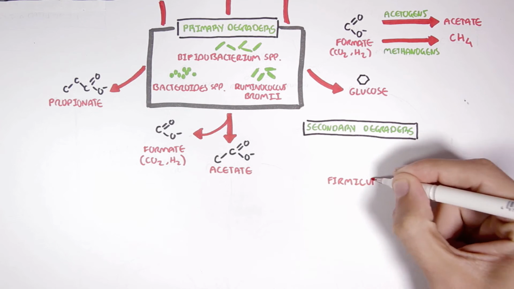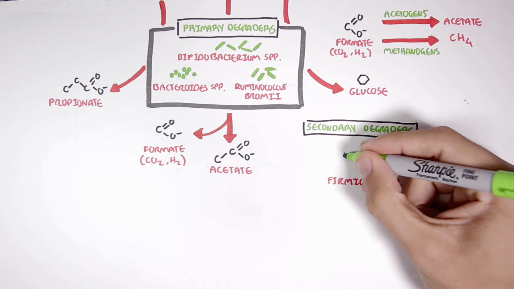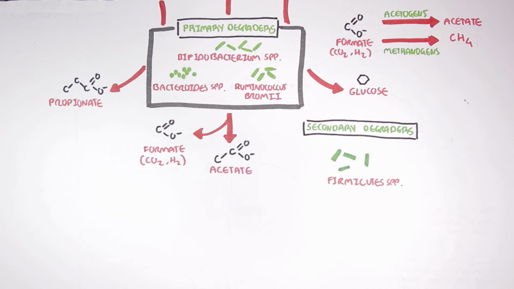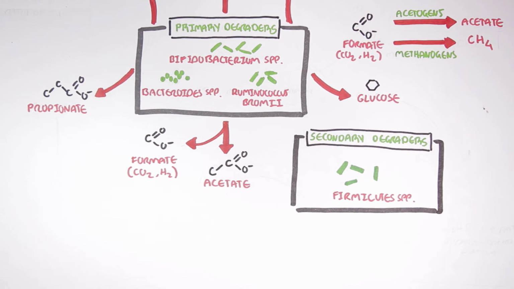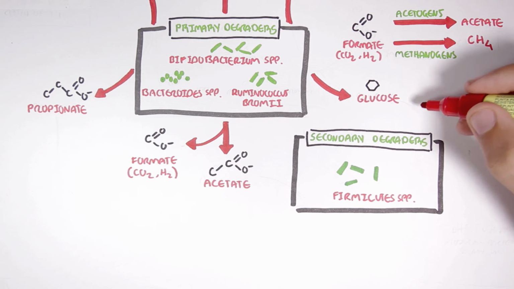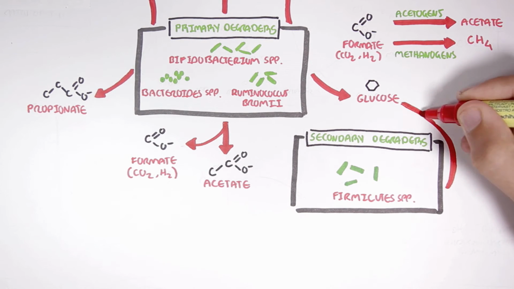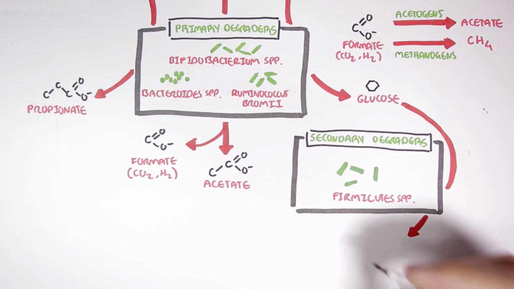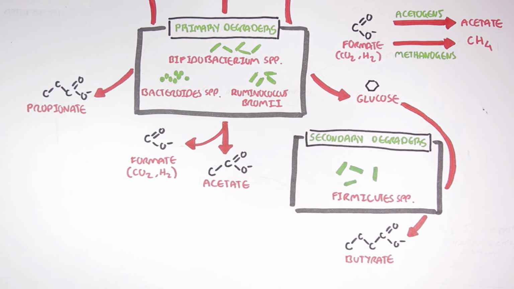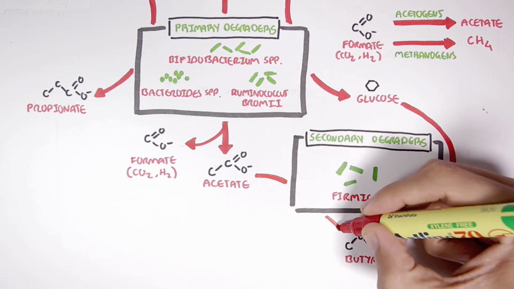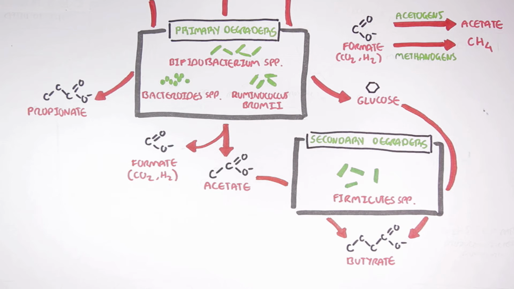And so, the secondary degraders, such as the Firmicutes species, rely on the primary degraders to release glucose monomers. The Firmicutes species can utilize the glucose and ferment it to produce a 4-carbon short-chain fatty acid called butyrate. Some of the secondary degraders can also utilize acetate to produce butyrate as an end product.